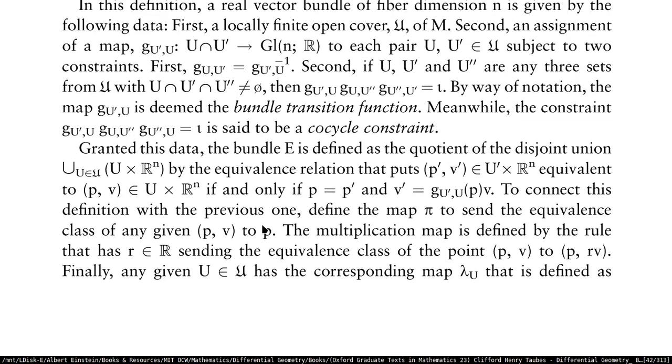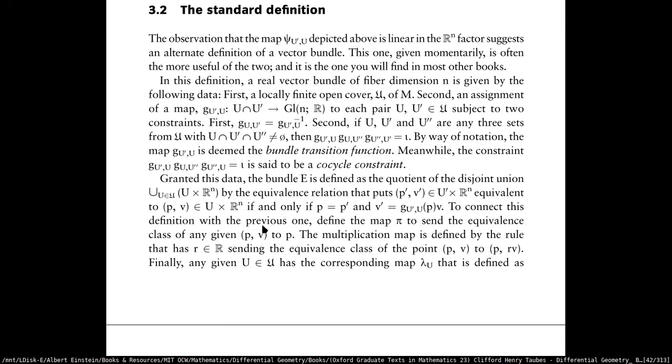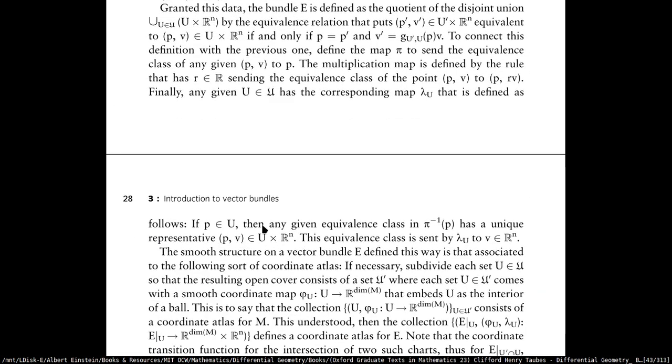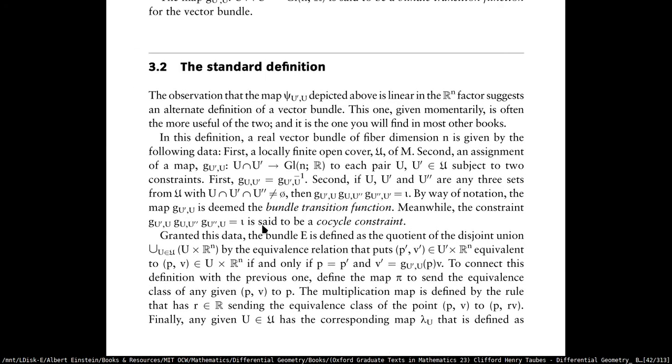Yeah, here they probably define it in a bit of a weird way using the cocycle constraint, which I don't think others use for vector bundles, or probably they use. But yeah, we can try going through this.